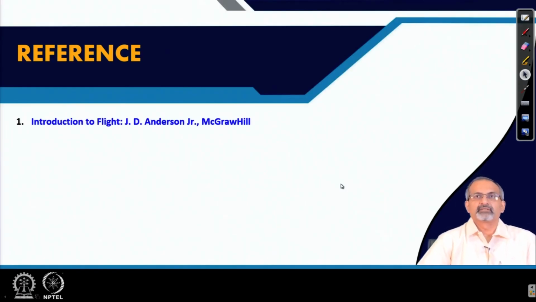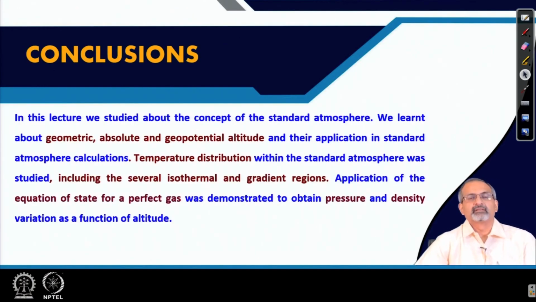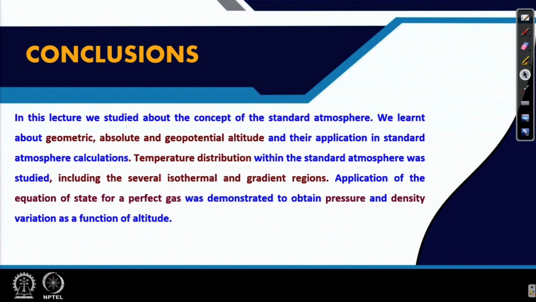The reference for this lecture would be the Introduction to Flight by J.D. Anderson Jr. Let us conclude. So, in this lecture we studied about the concept of the standard atmosphere. We learnt about the different altitudes, geometric, absolute and geopotential, and their application in standard atmosphere calculations.